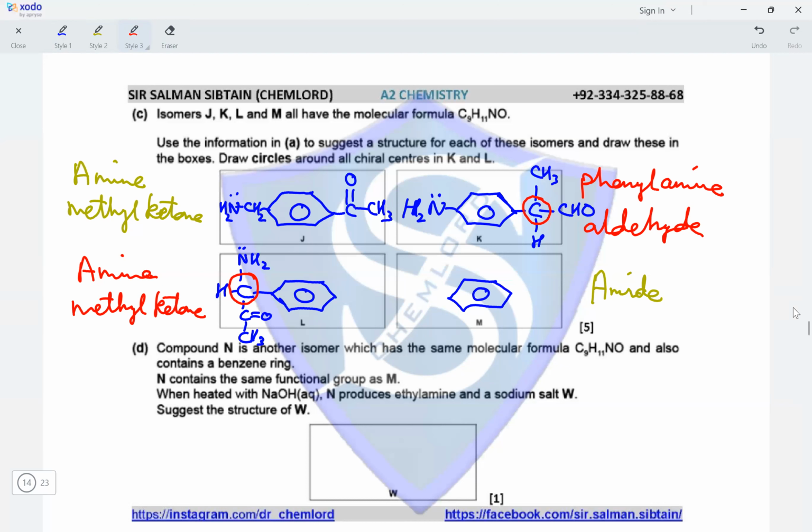And now for compound M, we have an amide group present, and we are left with three carbon atoms. So an amide group with three carbon atoms, and it should not be chiral. So if we convert this benzene ring into a phenylamine as a reactant, that means this is bonded to NH, which is then bonded to a C double bond O group.